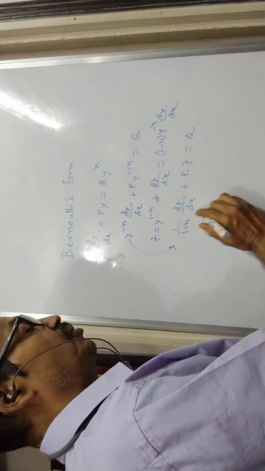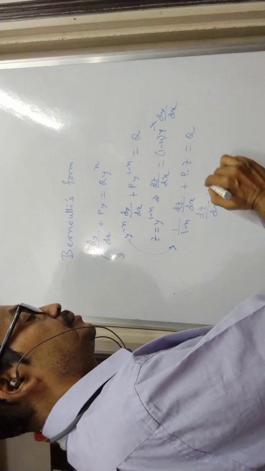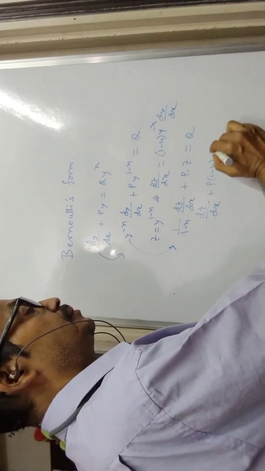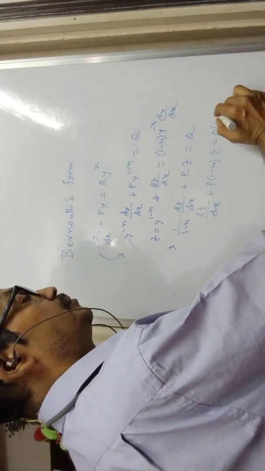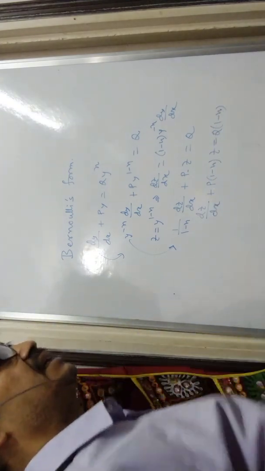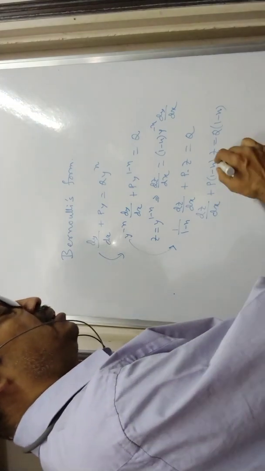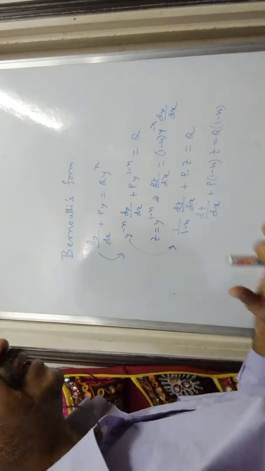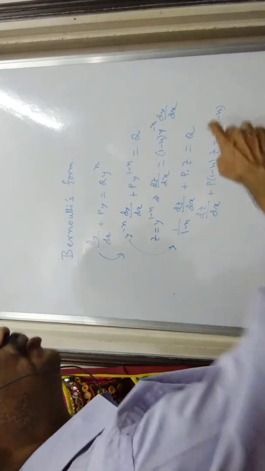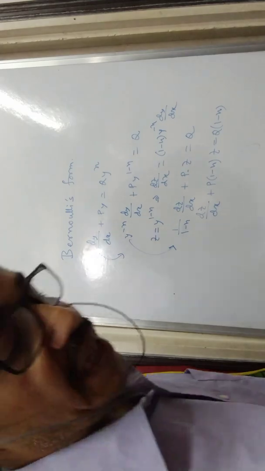So this takes the form this, and since 1 minus n is a constant, it is comparable with the linear form of differential equation dy dx plus py equal to q. This is replaced by p prime and this is replaced by q prime.